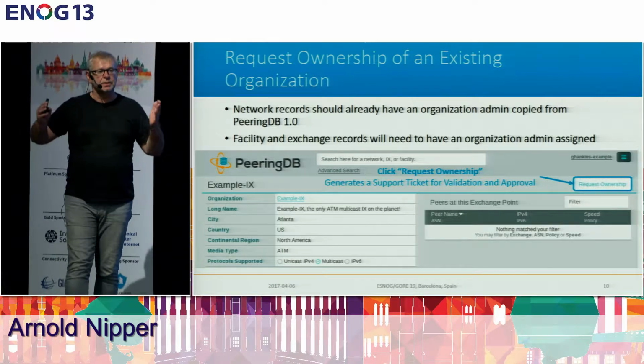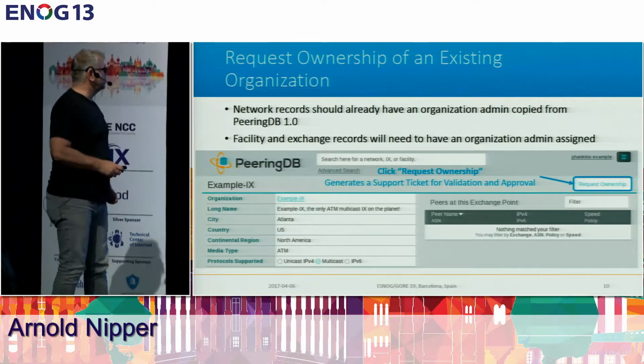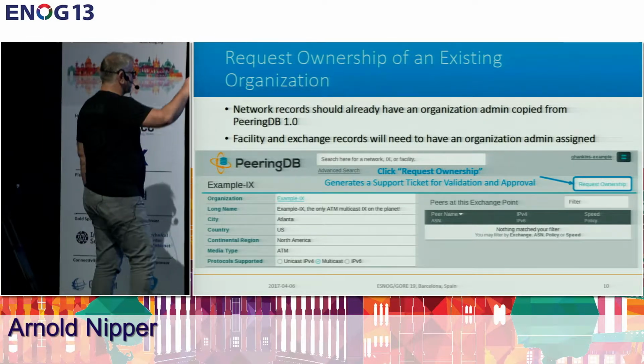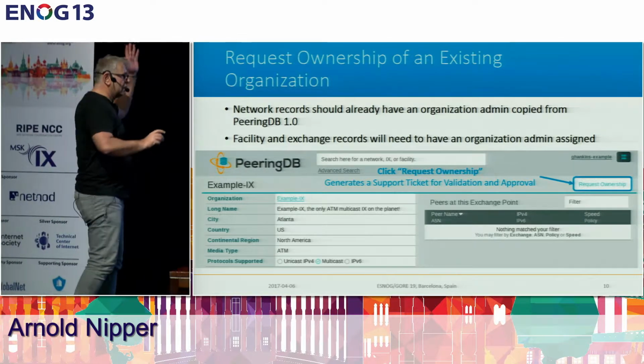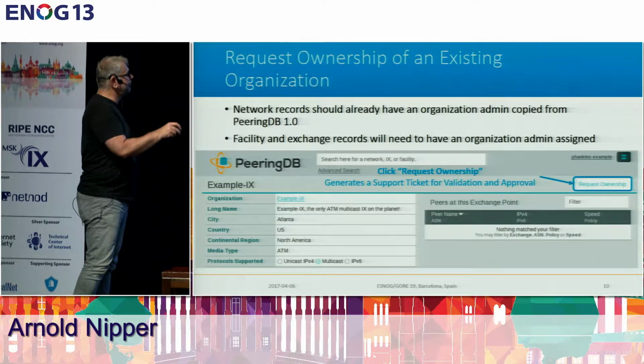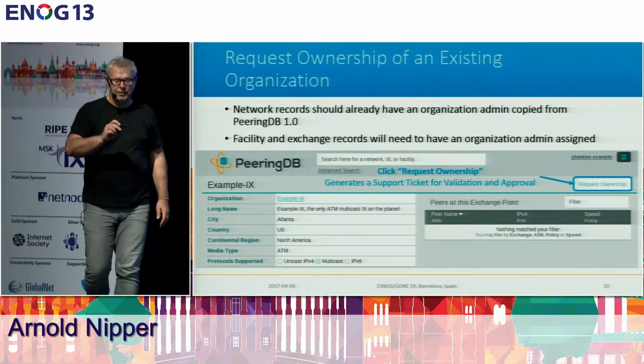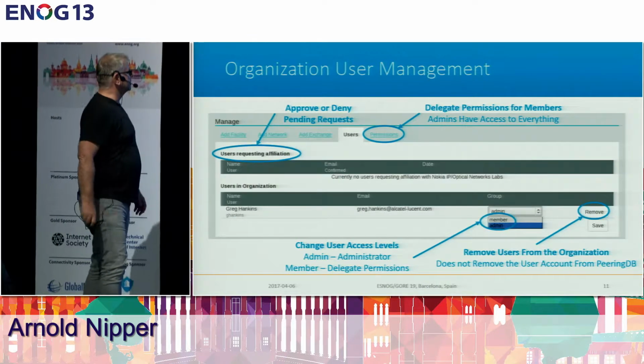We migrated the whole information from PeeringDB 1.0 to PeeringDB 2.0. If you surf around and say, hey, this is my network, and you want to request ownership, there's a button. Simply click on it. You have to fill in data, and then a support ticket will be generated.